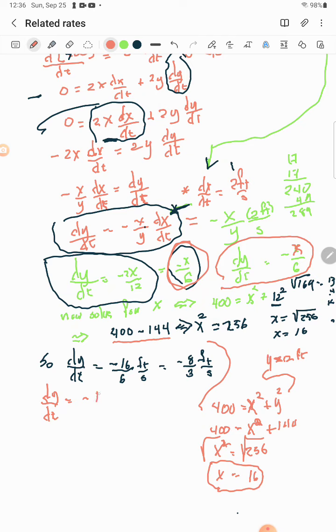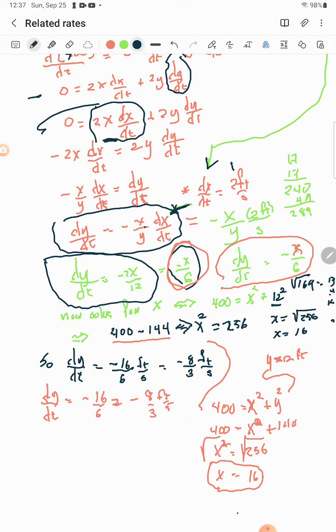It's equal to 16, and then over here we have 6, times feet per second. So I can simplify that, and I have minus 8/3. It doesn't look very good. 8/3, and then it's going to be feet per second, and that's going to be the answer.